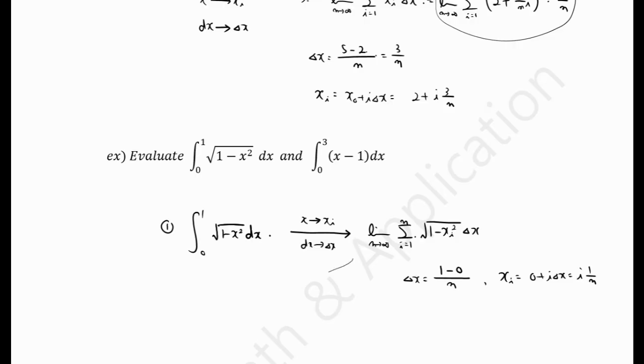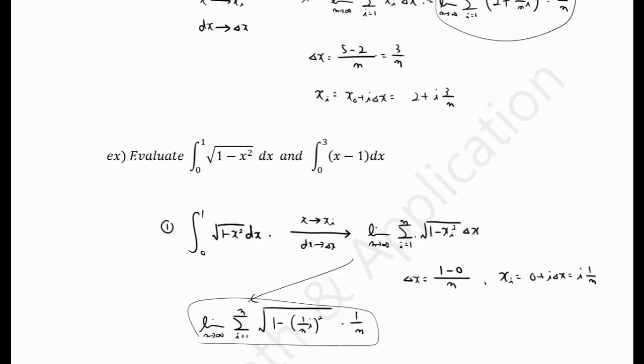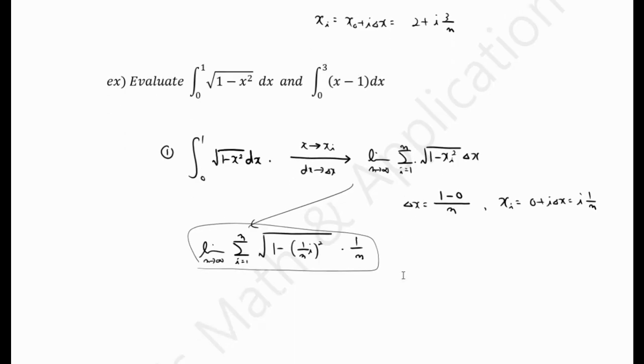So this Riemann sum becomes the limit as n approaches infinity of sigma from i equal 1 to n of square root of 1 minus (i over n) squared, multiplied by 1 over n. Calculating this summation is very difficult, maybe impossible. So we take another method.